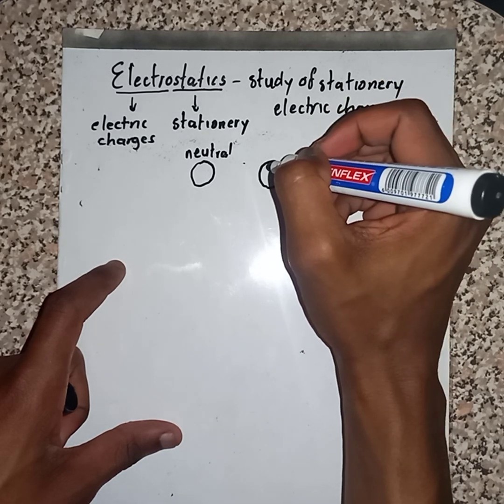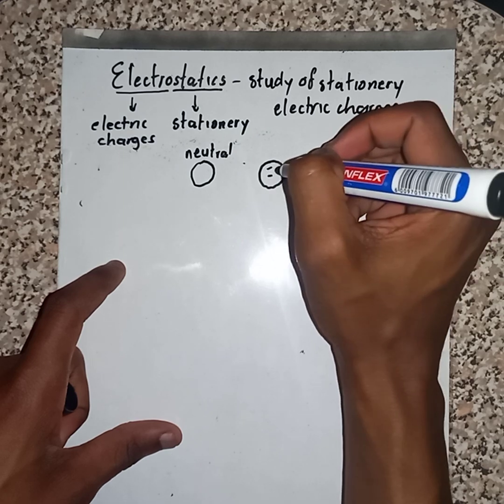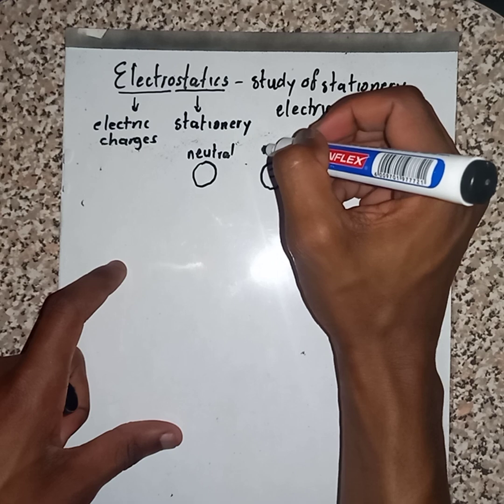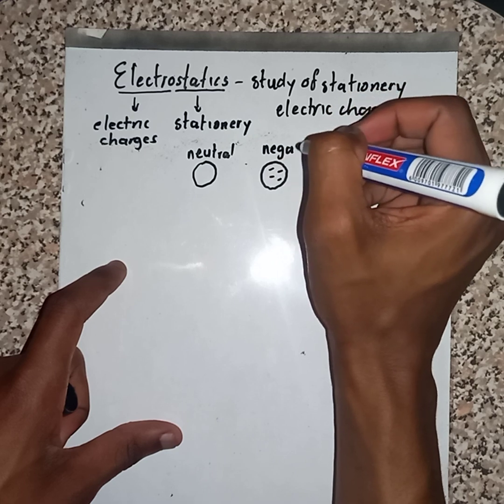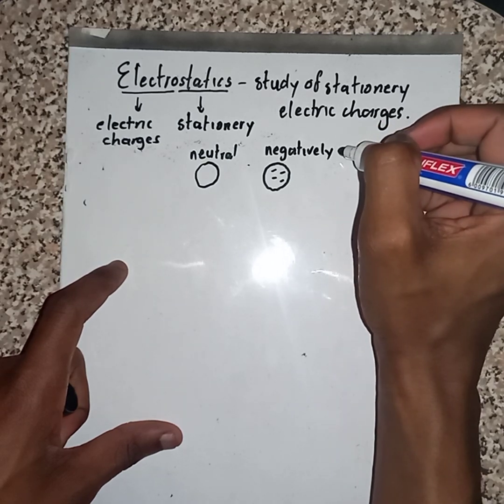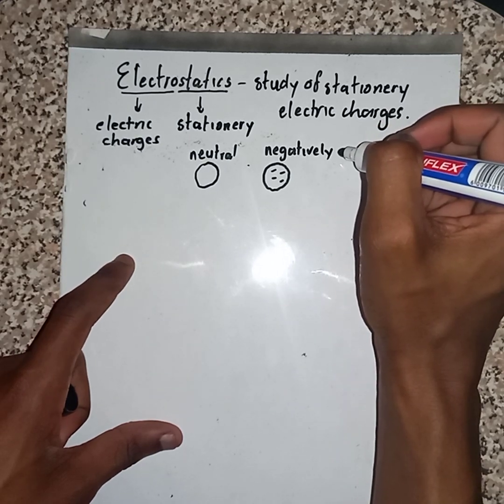Let's say it has 4 electrons. It's negatively charged.